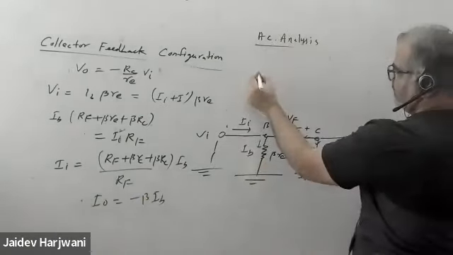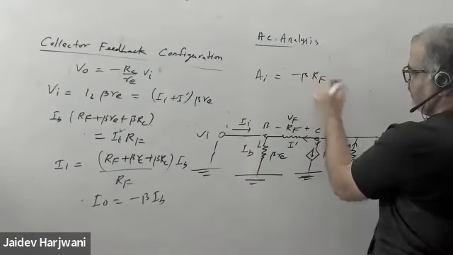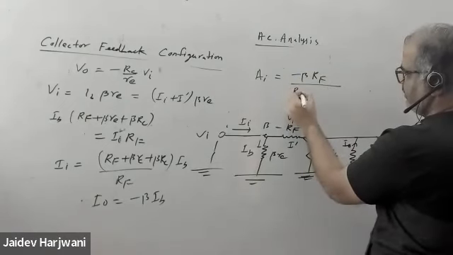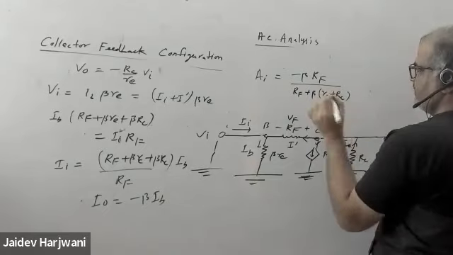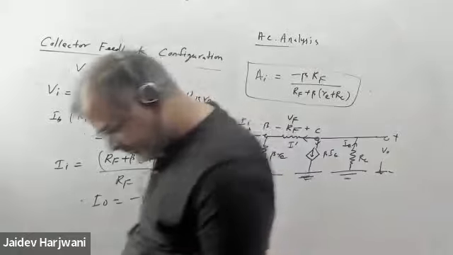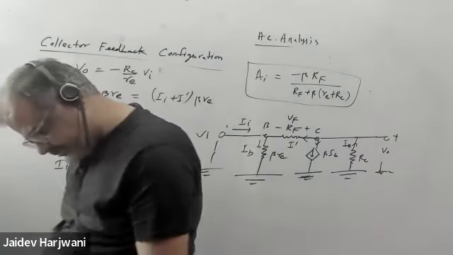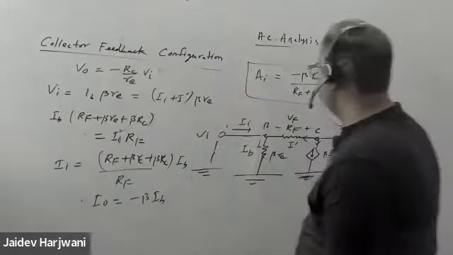So the gain will be minus beta RF, IB will be cancelled, upon RF plus beta RE plus RC. This is my gain formula.